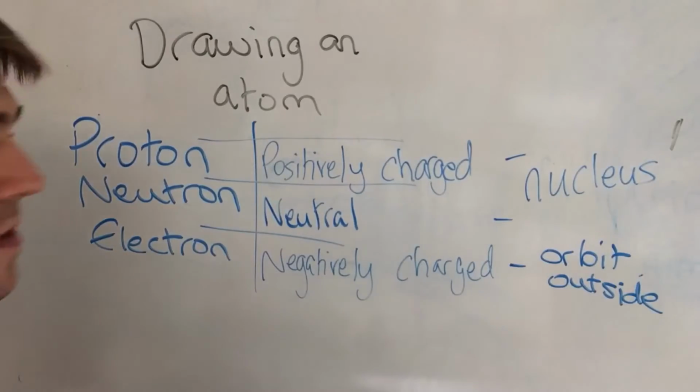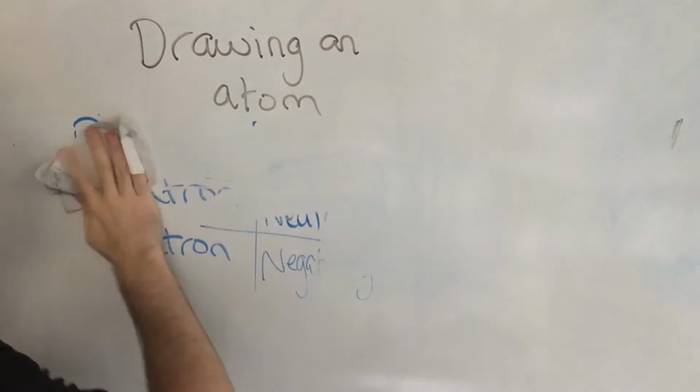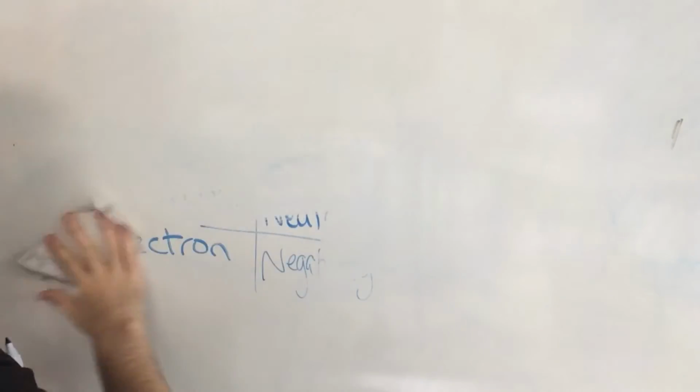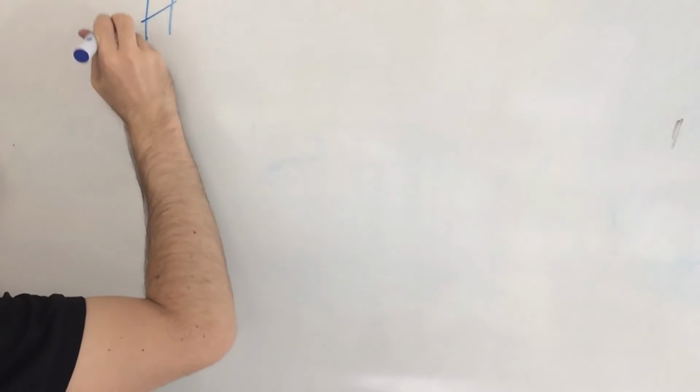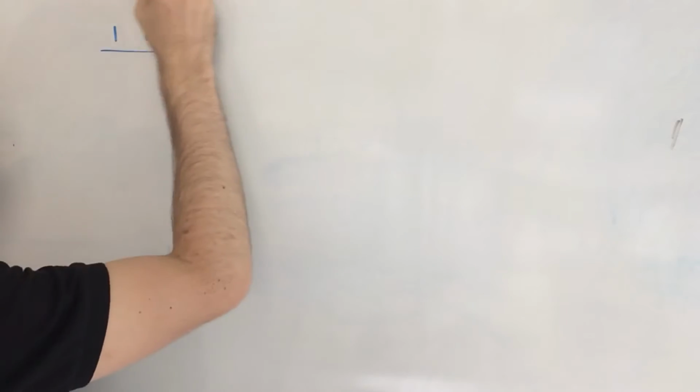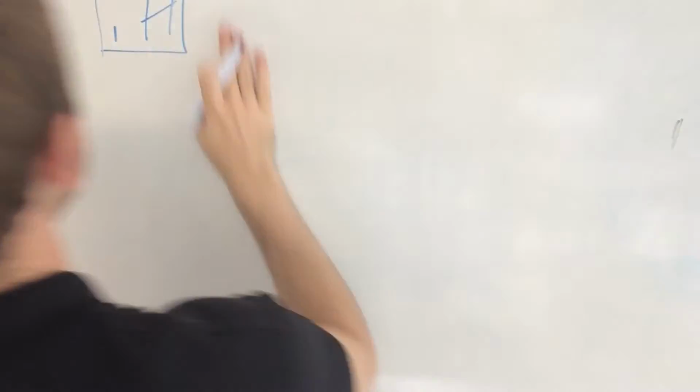Let's draw one. And of course, atom number 1, element number 1 in the periodic table is hydrogen. Now, hydrogen, if I look in the periodic table, has something like this. It's got 2 numbers.